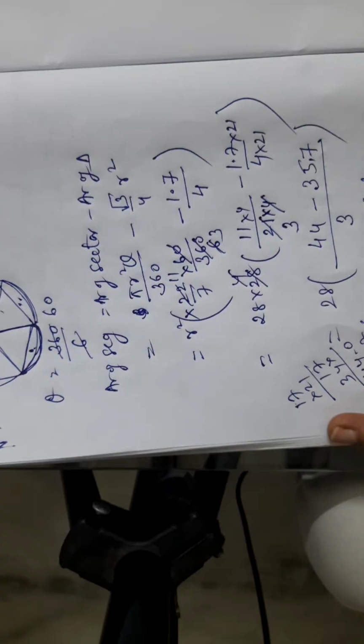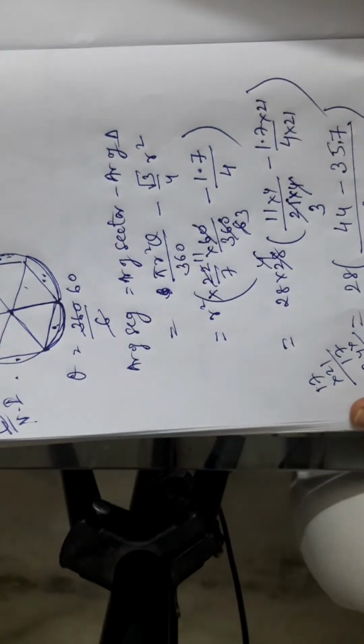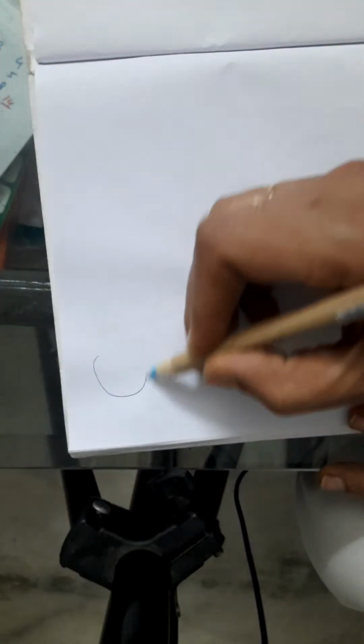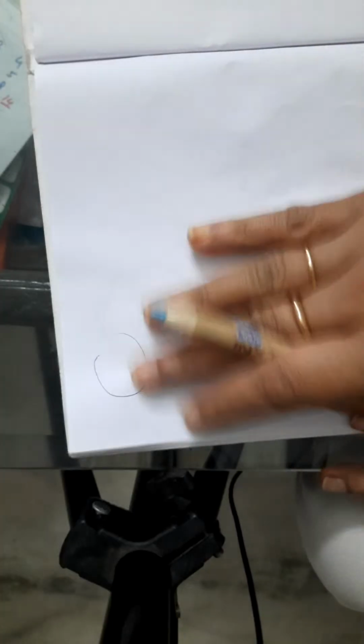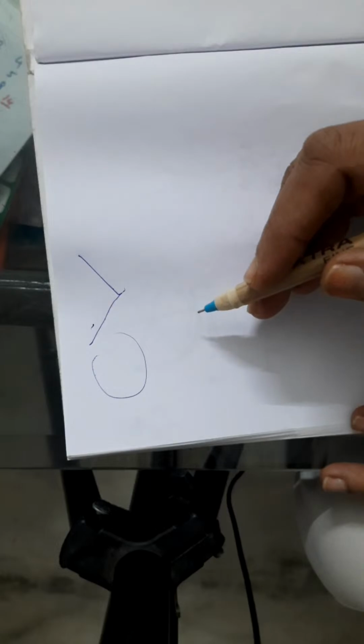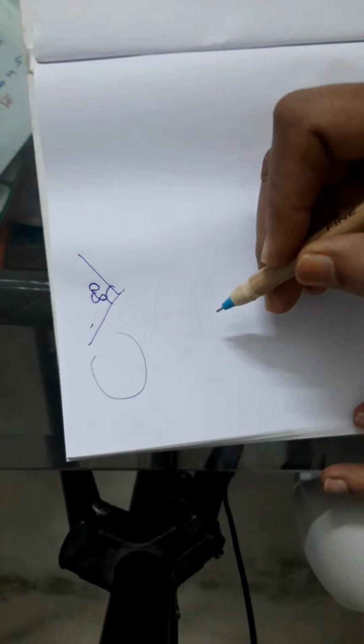Next, question number 12 is given. To warn a ship of underwater rock, a lighthouse spreads red colour light over a sector of angle 80 degree. So it is given that a lighthouse is there, it's not a circle. The lighthouse is spreading over a sector of 80 degree, so theta is 80.